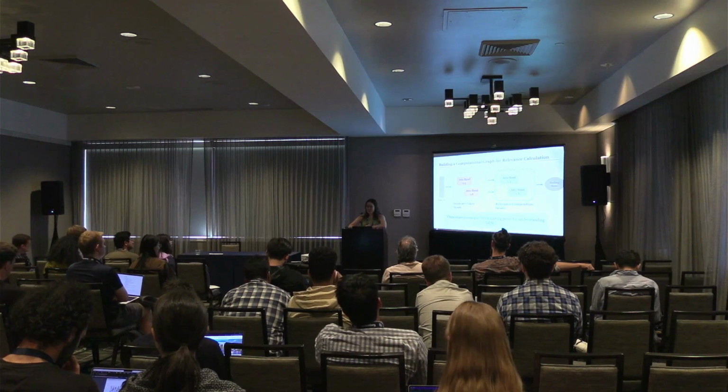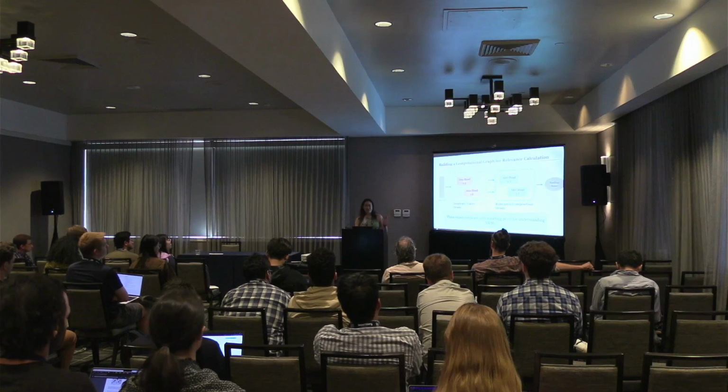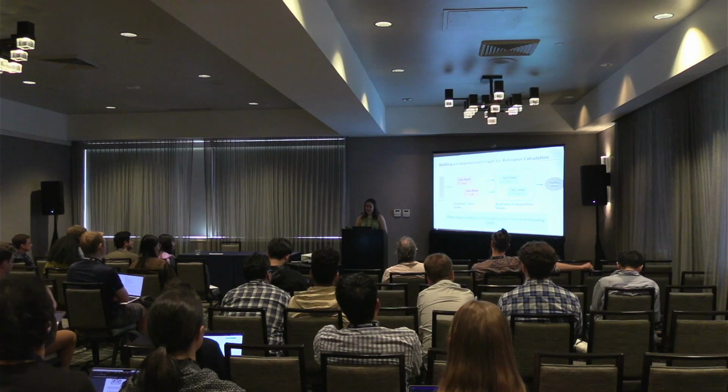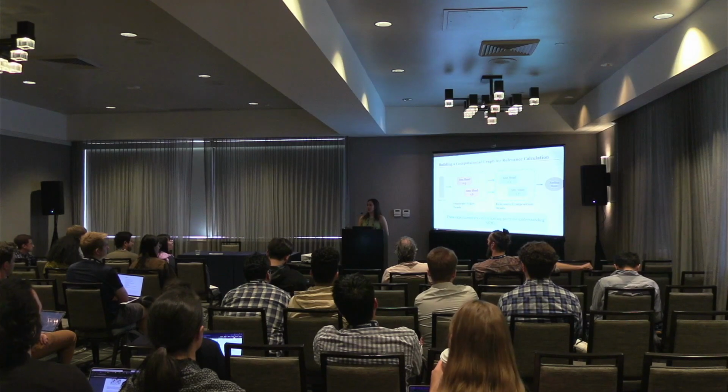So these experiments are only a starting point for understanding how retrieval models work. We have more details in the paper, but what I really want to highlight is what these experiments mean for the future of interpretability research in IR.